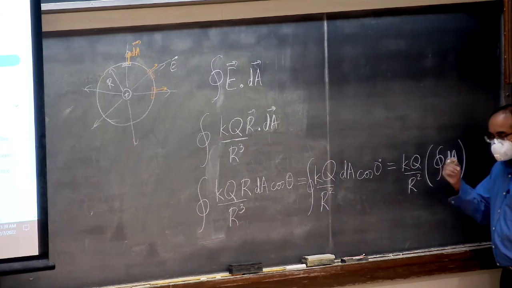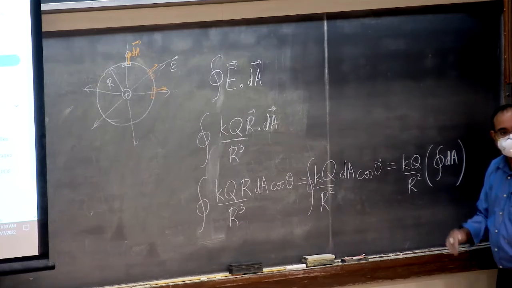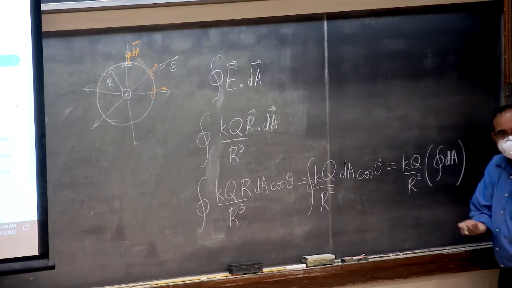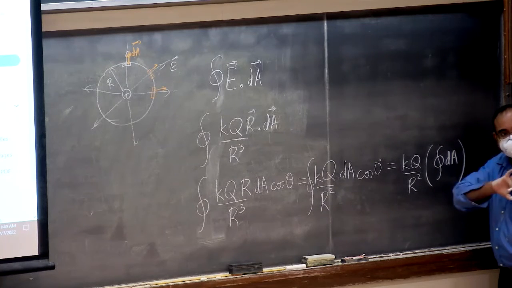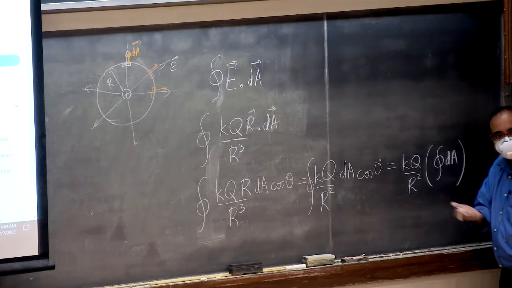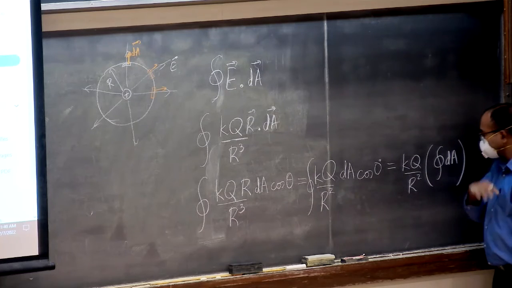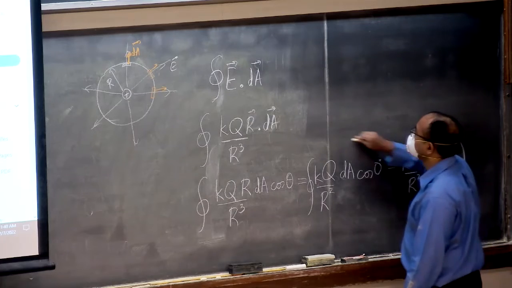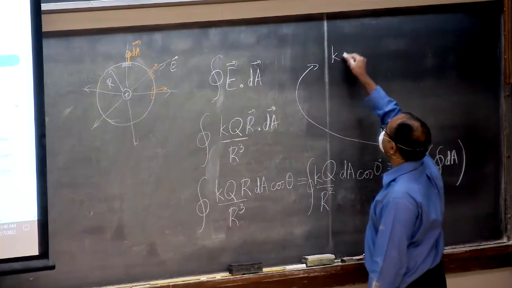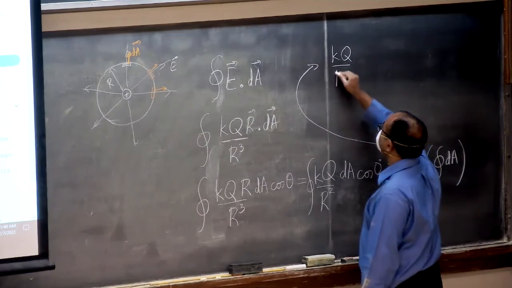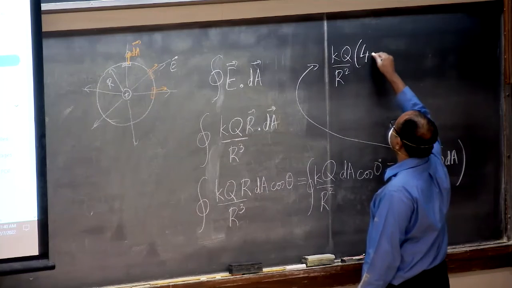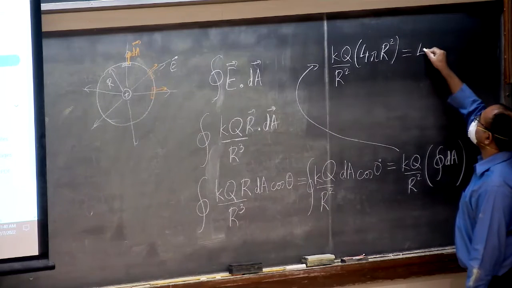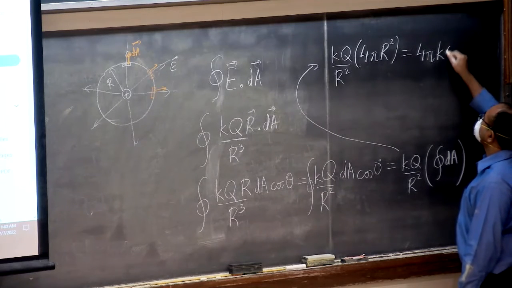But we're just integrating all these little bits of area over the entire surface. And so we just get the surface area of the sphere. What is the surface area of the sphere? 4 pi r squared. So we get kq over r squared times 4 pi r squared. The r squareds cancel out. I get 4 pi kq.